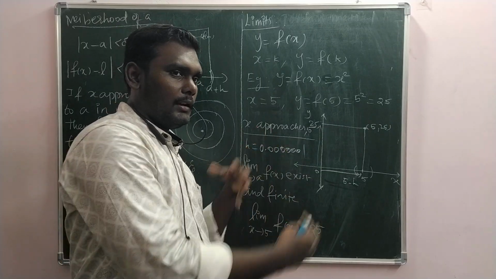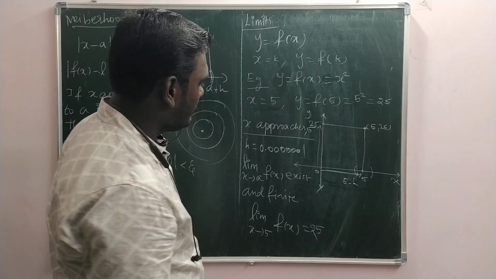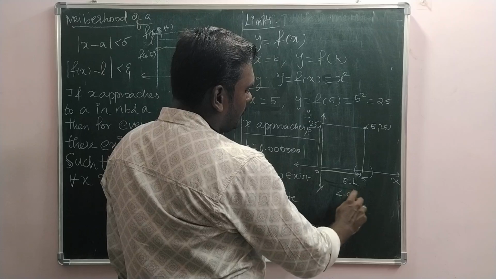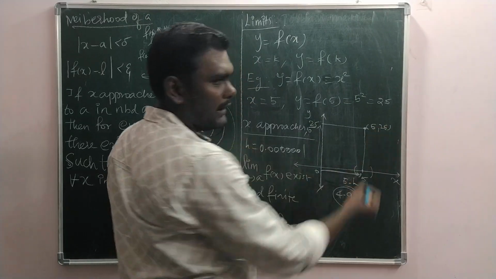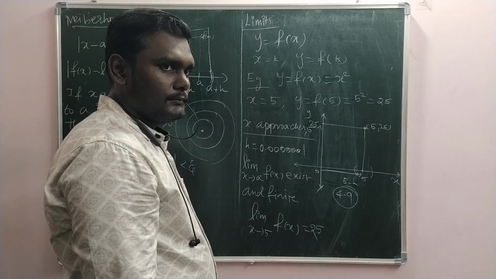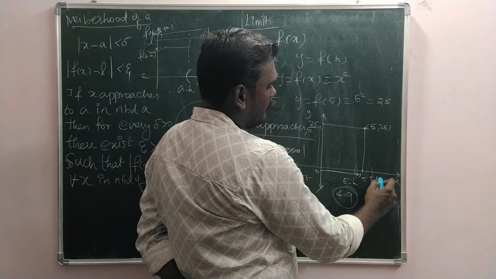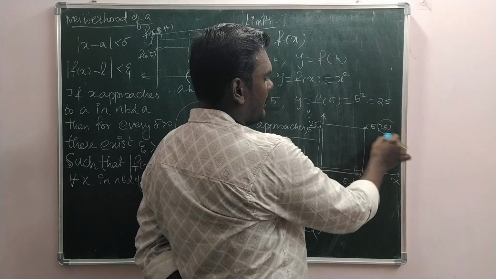Like this, approaching 0, we should take that distance from the point. Okay, then 5 minus h means what, 4.9? I'm just taking this example. That will be coming near to this 25, right? Like that. Here 5 plus h we will get, that is 5.1 square. That is also coming near to 25.